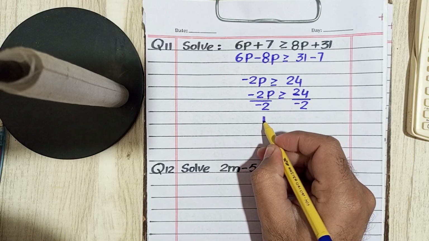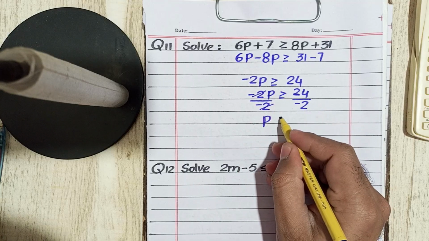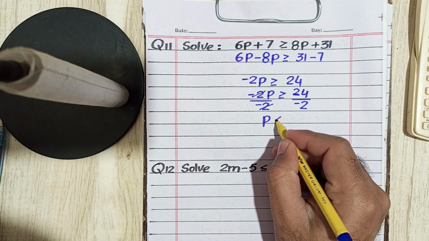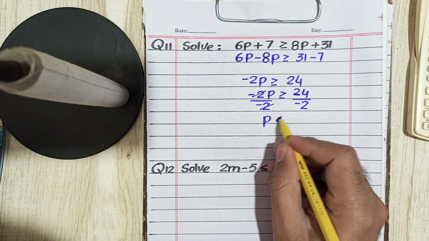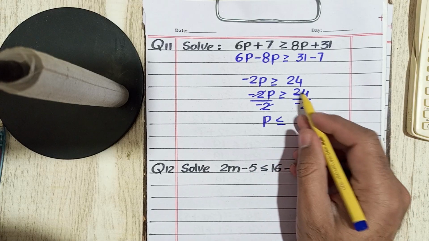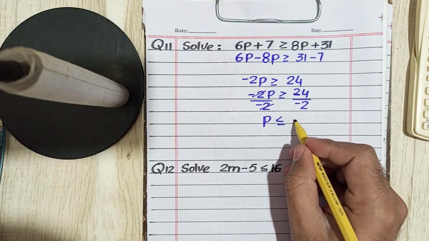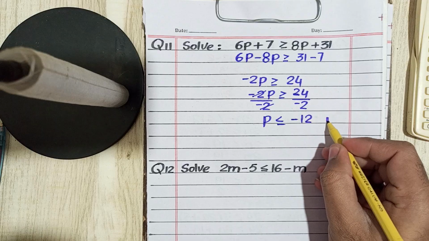So here we have p, and this inequality sign changes. So here we have greater than or equal to, so we convert it to less than or equal to. And if we divide 24 by negative 2, then we have minus 12. So this is our answer.